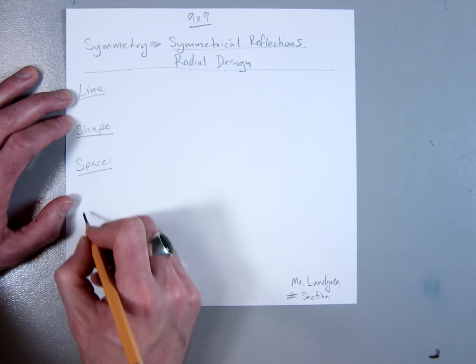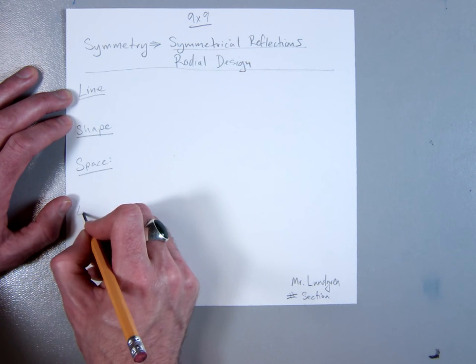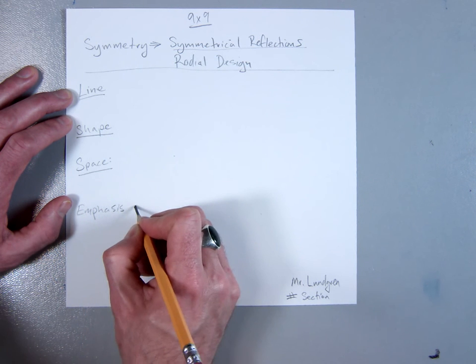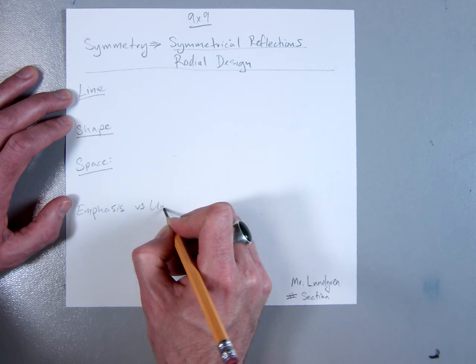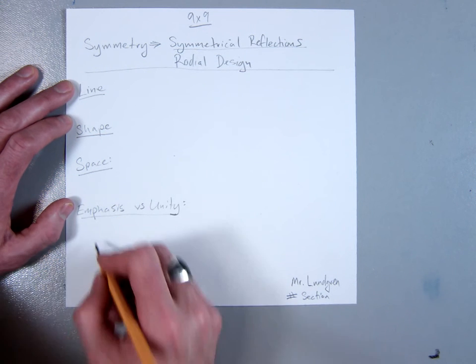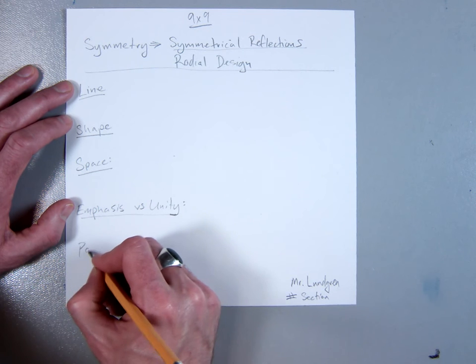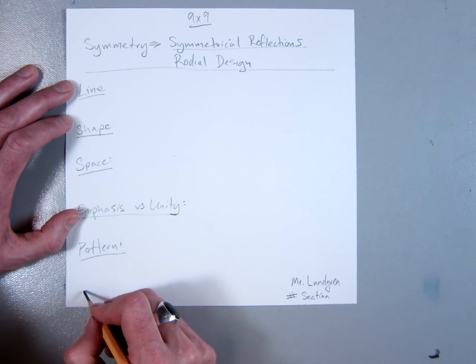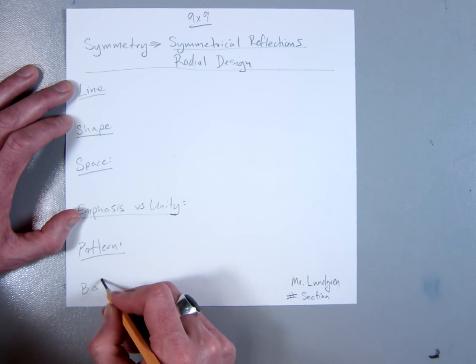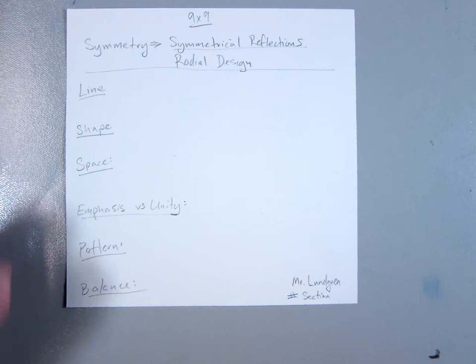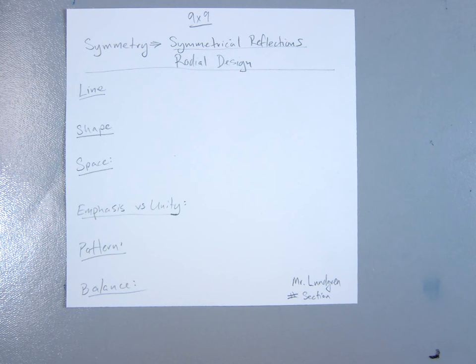We're going to be using the concept of emphasis versus unity, and those are two of the principles of art. We're going to be, of course, using pattern. And overall, we're going to be talking about balance. Okay, so those are kind of the general guidelines we're going to be using.